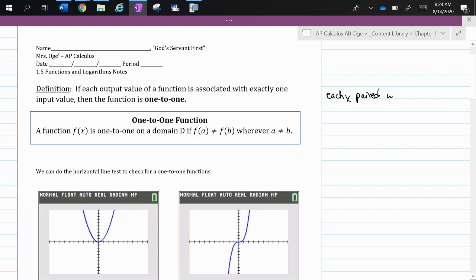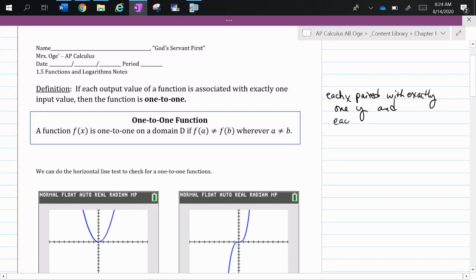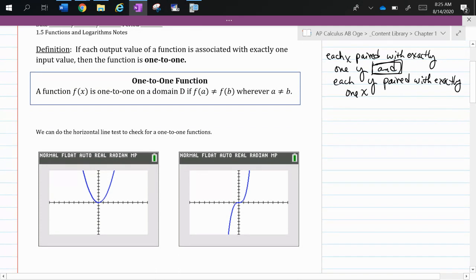Each x is paired with exactly one y, and each y is paired with exactly one x. So the big thing here is the "and." Both of these have to be true in order for a function to be one-to-one.